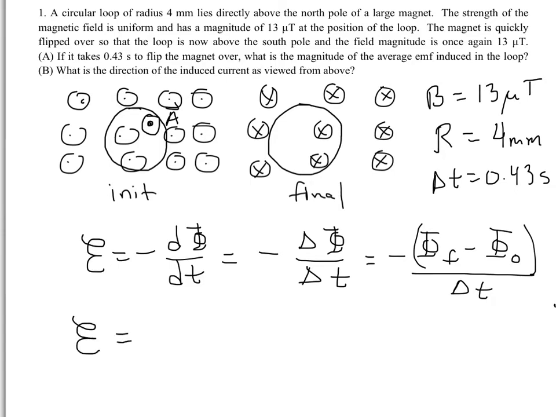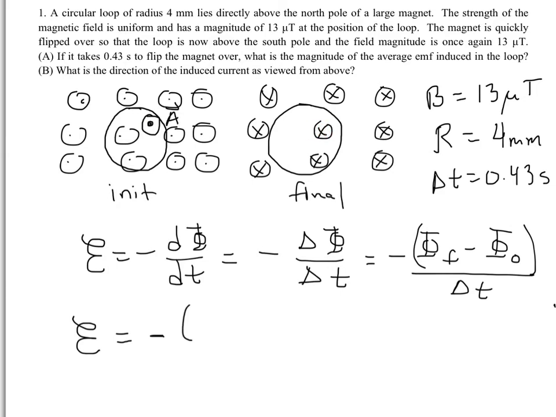Since the magnetic field and the area vector are pointing in the same direction initially, we know that the initial flux is going to be positive. So let me put my minus sign here, and let me expand these terms in terms of the area and the magnetic field vector. The final flux here is actually going to be negative, right? Because the B field is into the plane, but the A vector is still out of the plane.